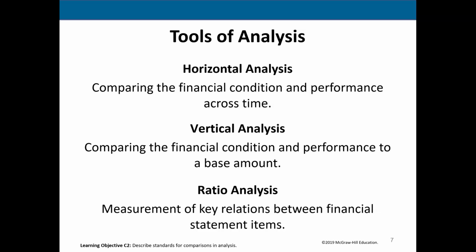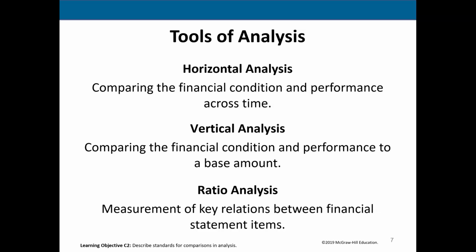Okay, and again, we talked about the different types of analysis we're going to do. The first is the horizontal. This compares the financial condition and performance across time. You're looking at one line item over the course of time. Then you have a vertical analysis, which is up and down.